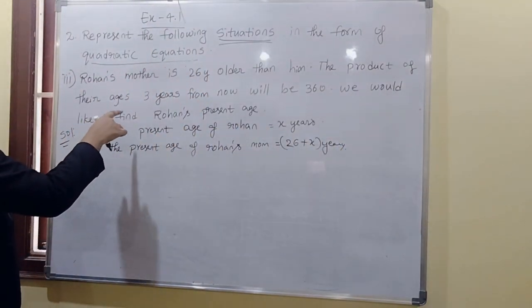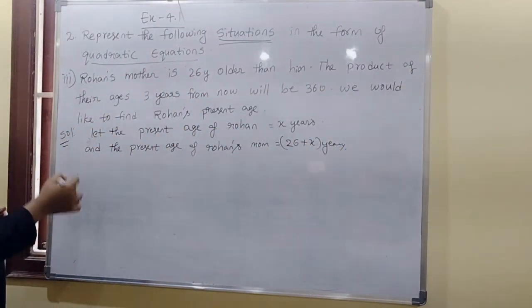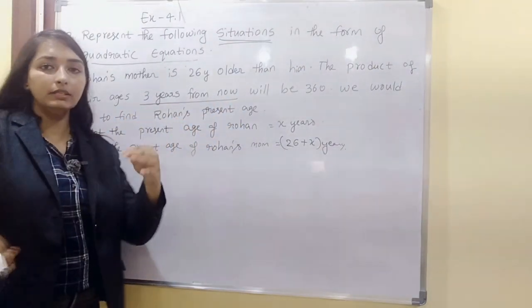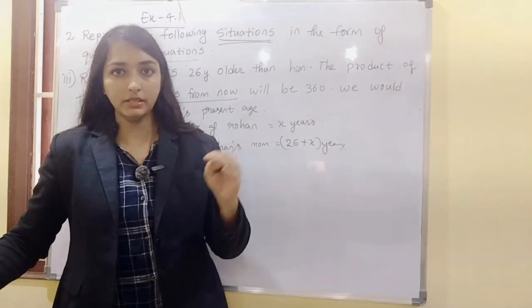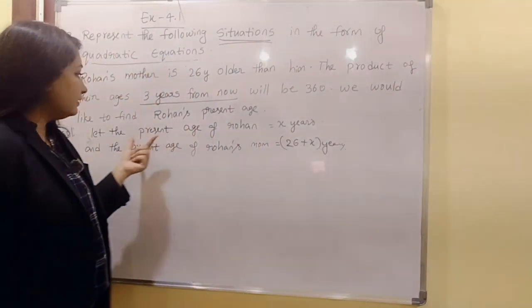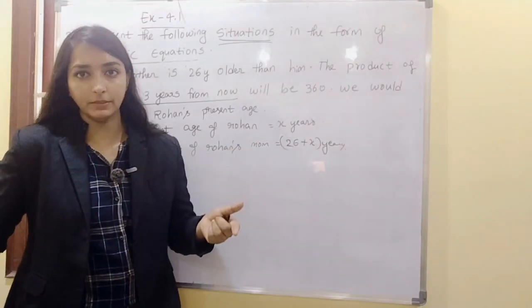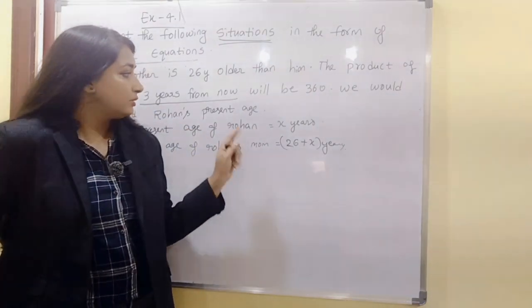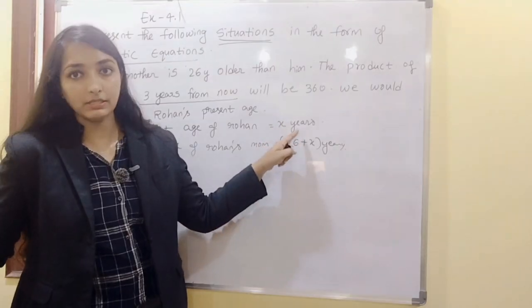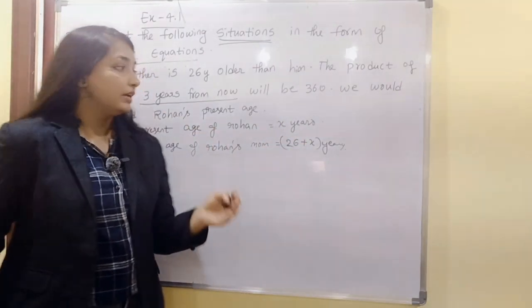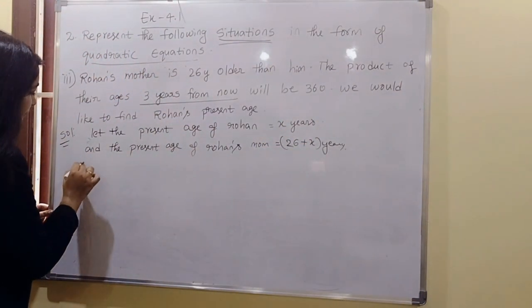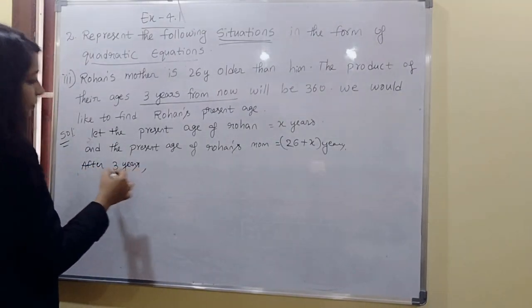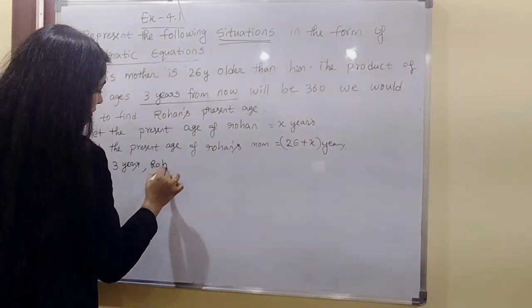So the product of their ages 3 years from now will be 360. So 3 years from now means what? It is in the future, right? So after 3 years, Rohan's age will be x plus 3. So 3 years will be added to the present age. Rohan's present age is x years. After 3 years, it becomes x plus 3.